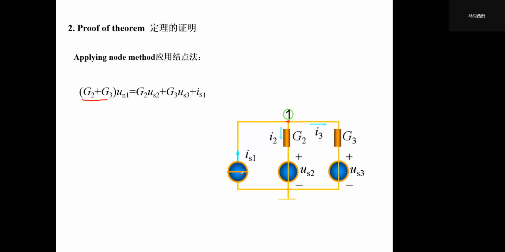From branch 1, the current coming in is IS1, and the two other branches containing voltage sources can be transformed into current sources with conductance G2.